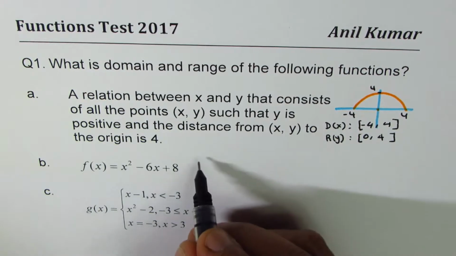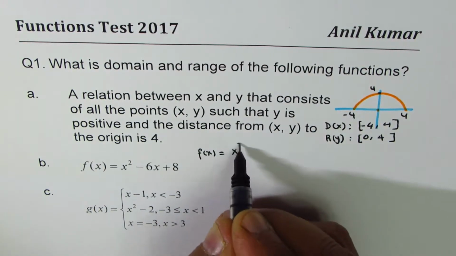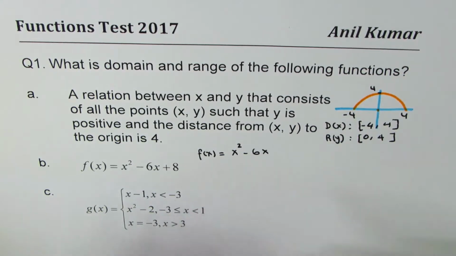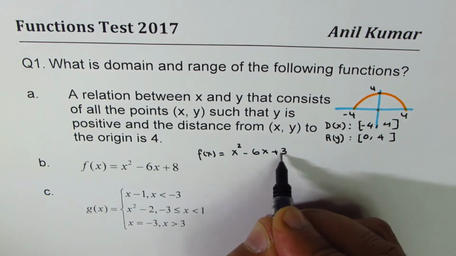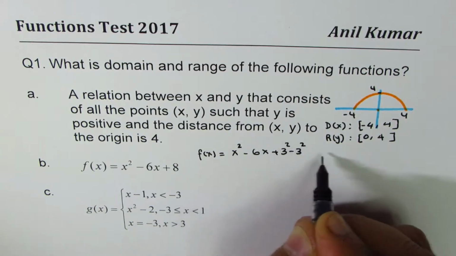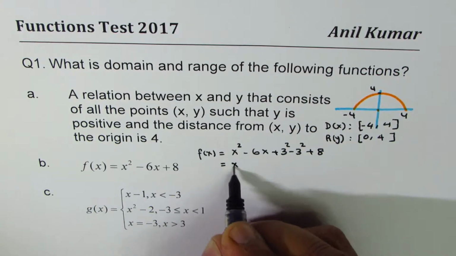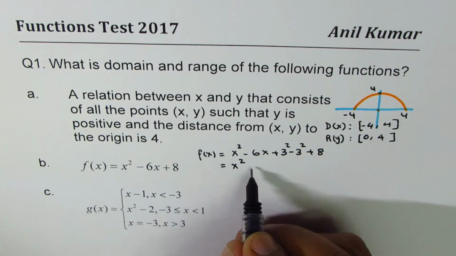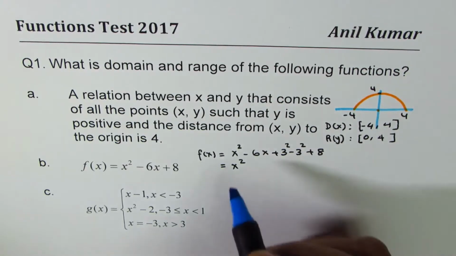So we could write this as f of x equals x squared minus 6x. Half of 6 is 3, so we can add and subtract 3 squared. Okay, so what we can do is we can actually save a step.